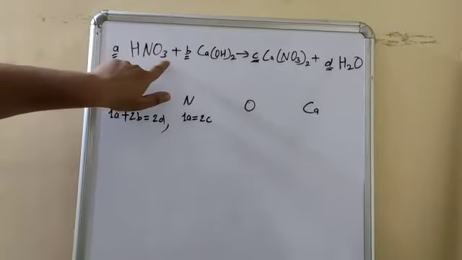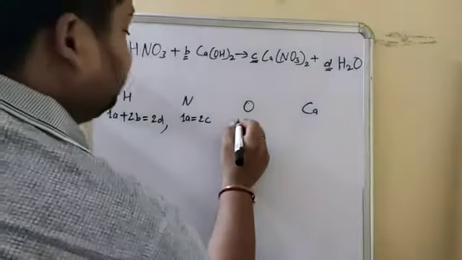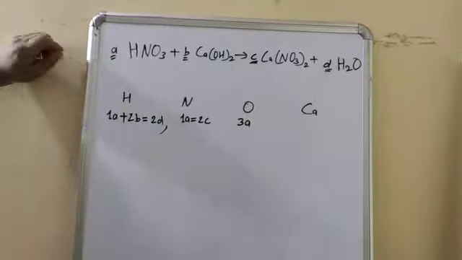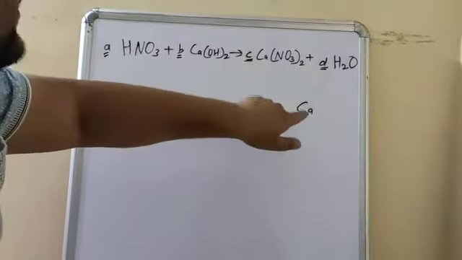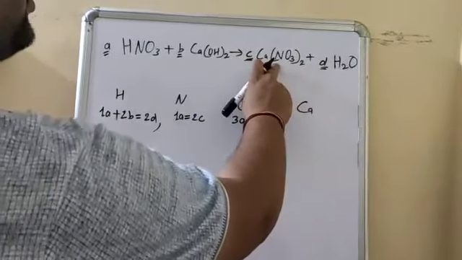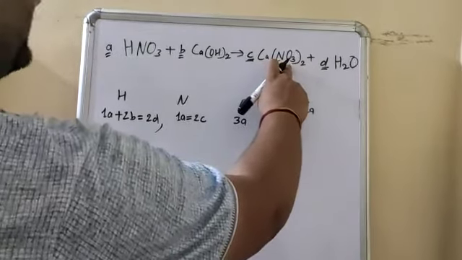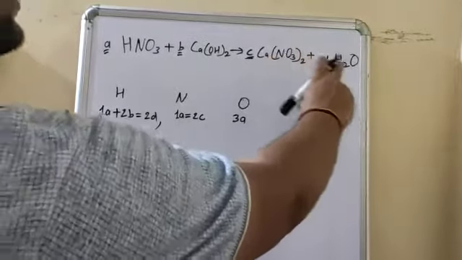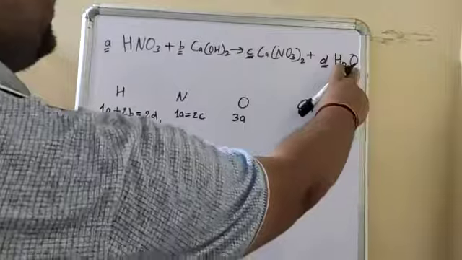Now oxygen, 3 oxygen, so 3A. This side 3 2s are 6 oxygen and plus 1 oxygen.